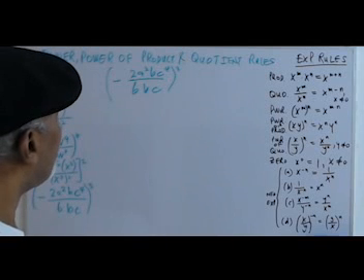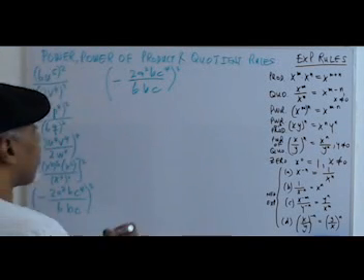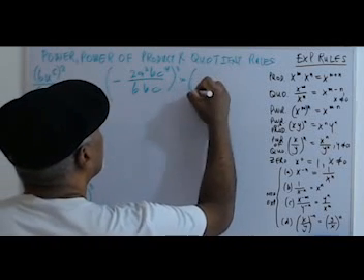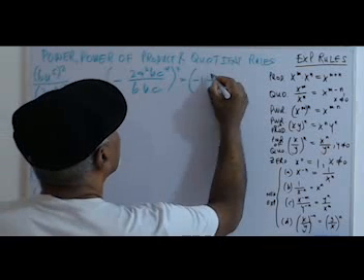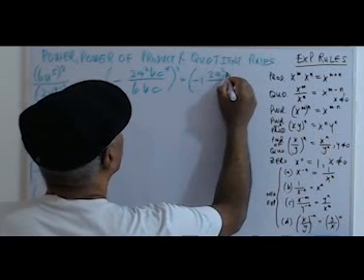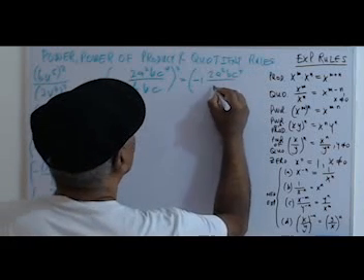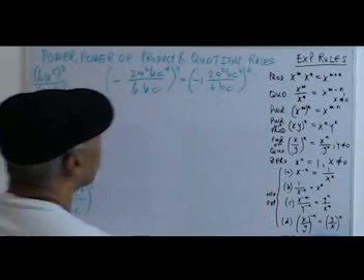Now, by the order of operations, let's simplify what's inside first. Let's rewrite that as negative 1 multiplying 2a squared bc to the 4th over 6bc all cubed.